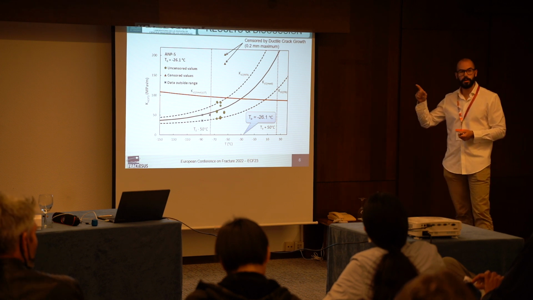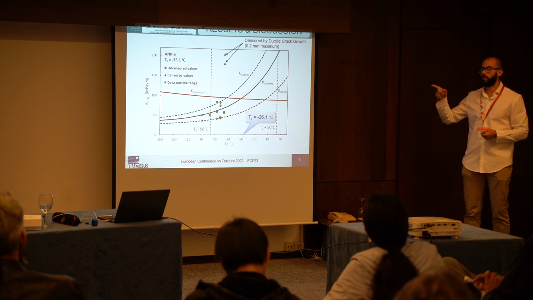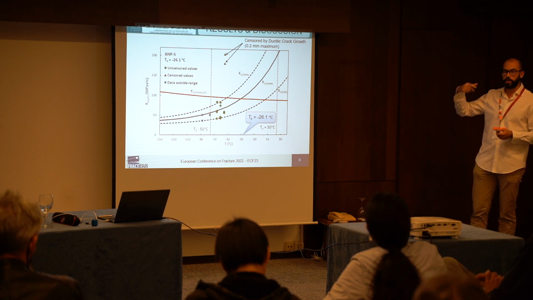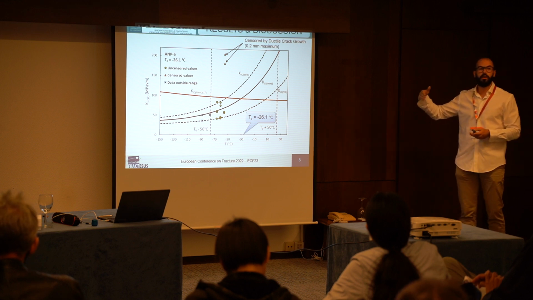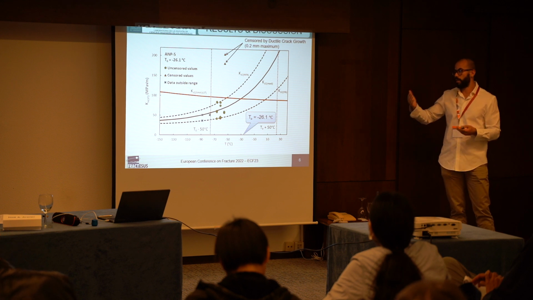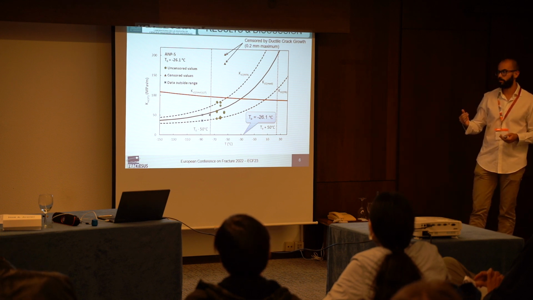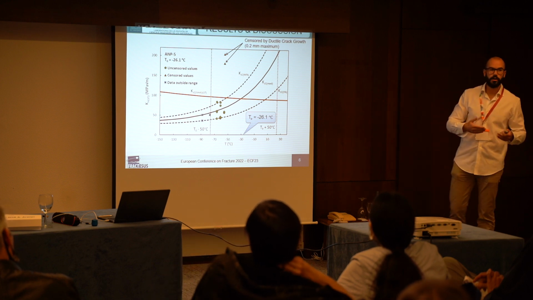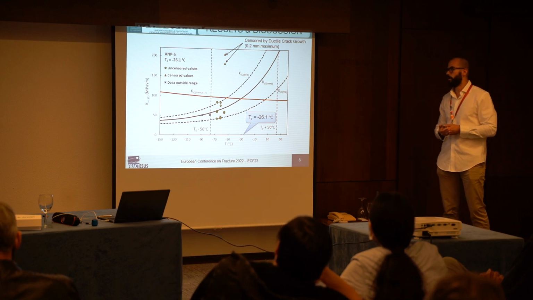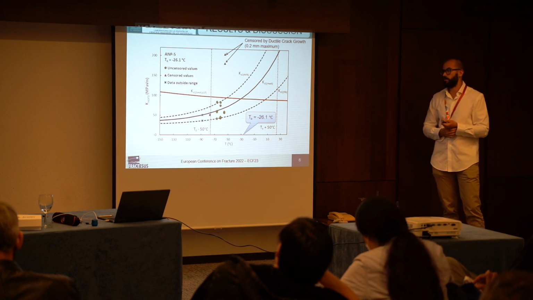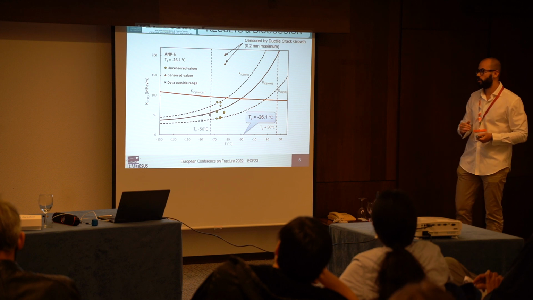This is very relevant when you are performing this test: in order to obtain enough uncensored values, you need to test well below the reference temperature. Recommendations are about minus 30, minus 35 degrees. This is something very relevant if you have materials with really low toughness.